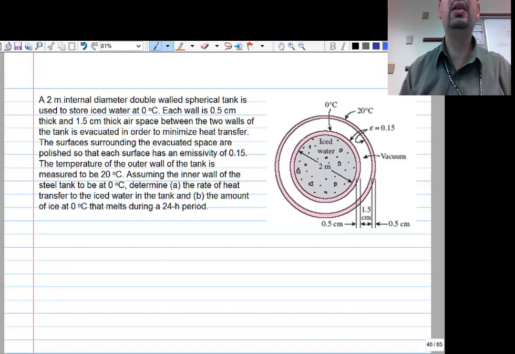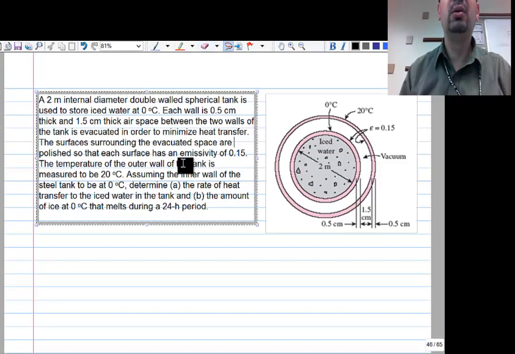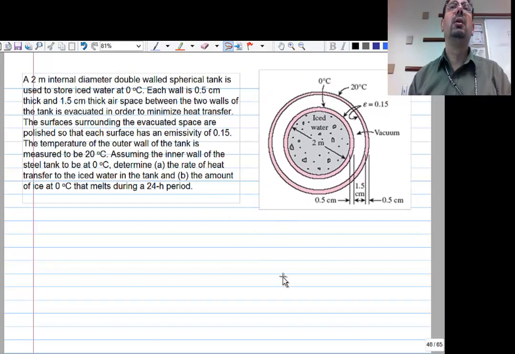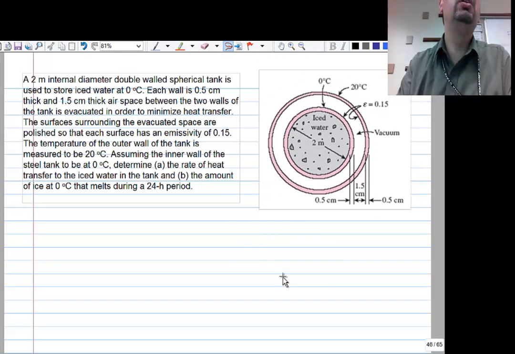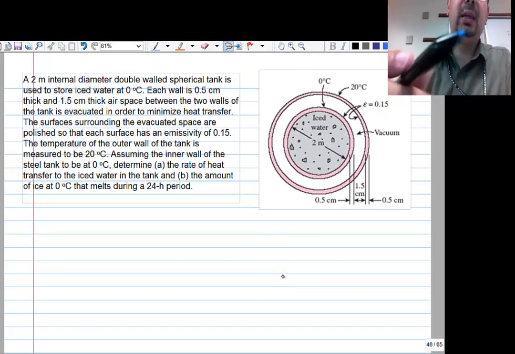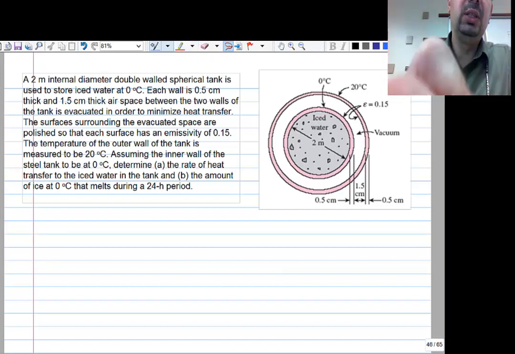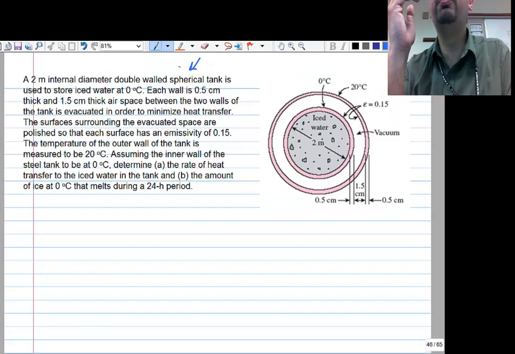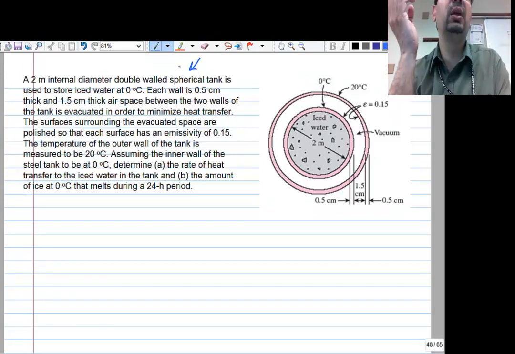Yeah. So this was in an exam one year. So two internal diameter double walled spherical tank. Right? So it's not a sphere, it's not a cylinder, it's a sphere. That was the first mistake that students would make.